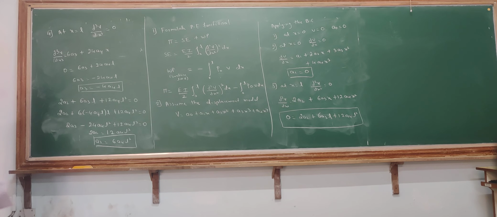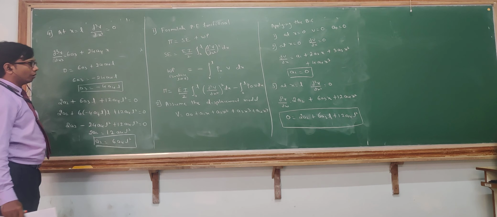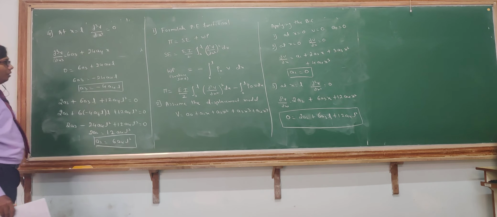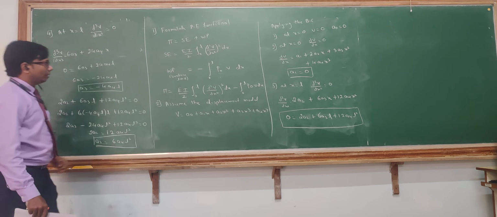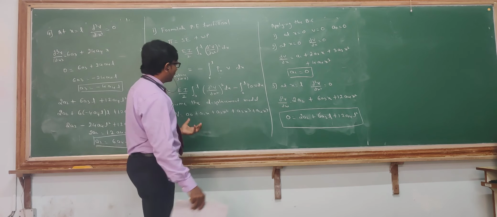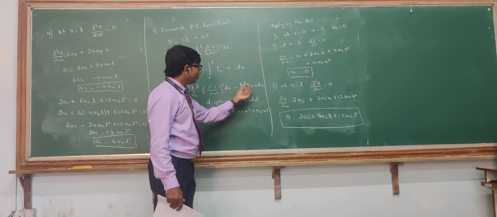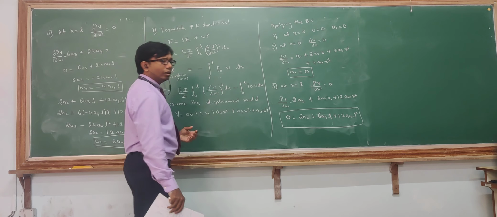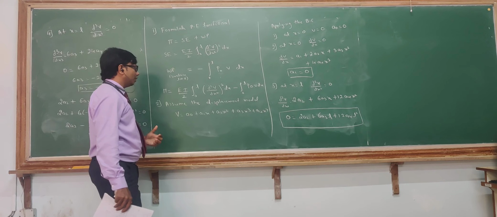Yeah, it is right. So we got a3 as minus 4a4L and a2 as 6a4L². Now we will be substituting, just checking whether we have got the required terms to solve this potential energy function.